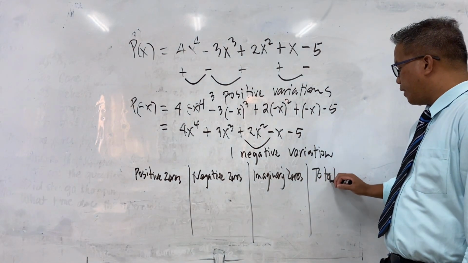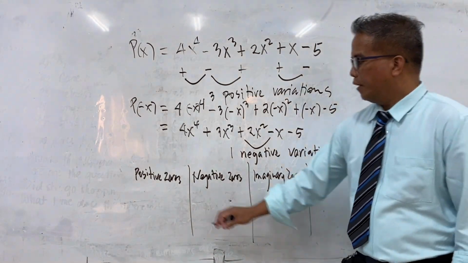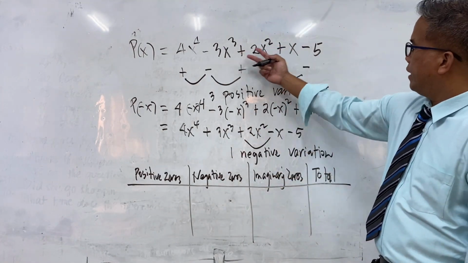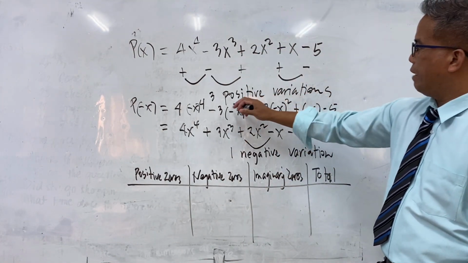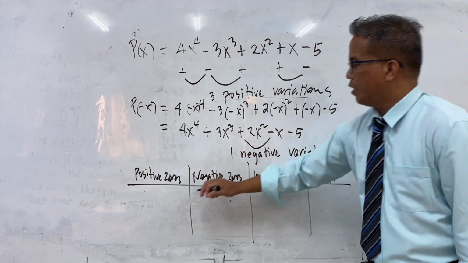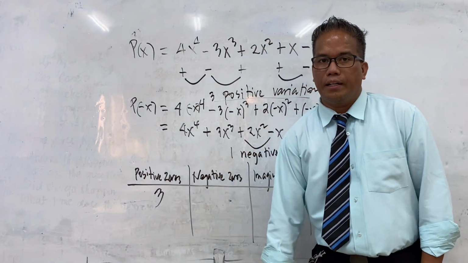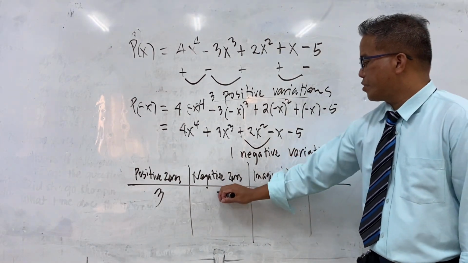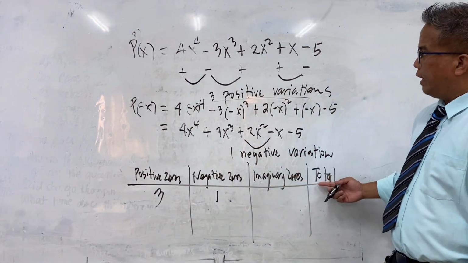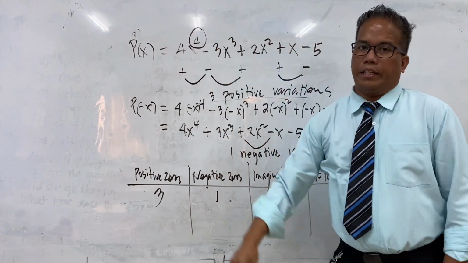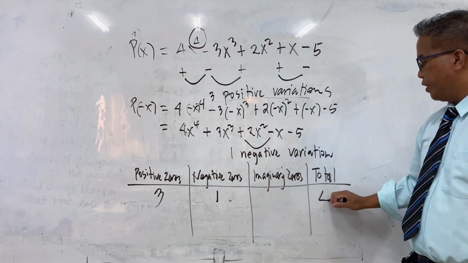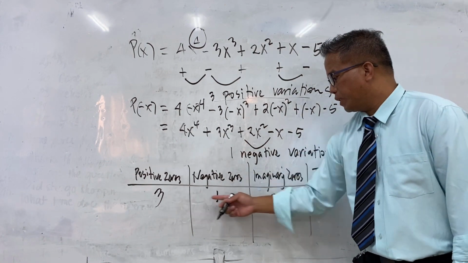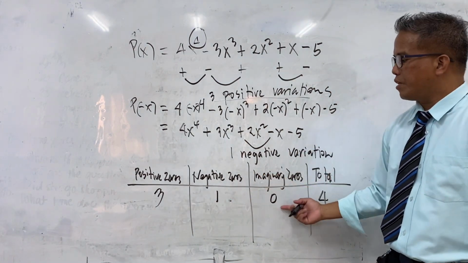In the first answer, we have 3 positive variations, so just write 3 here. Then the negative zeros is equal to the negative variation, so we have 1. For the total, we use the highest degree, so 4. So imaginary zeros will become 0. Why? Because 3 plus 1 is 4, and 4 minus 4 equals 0.